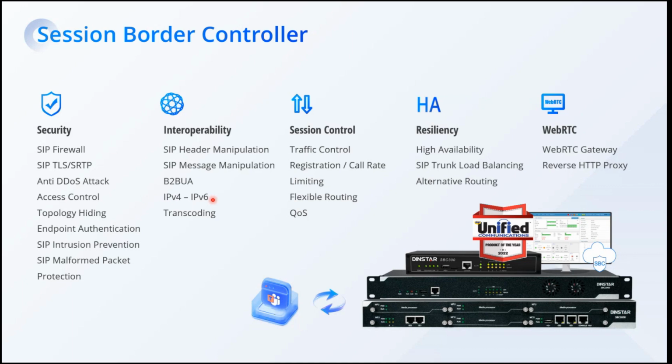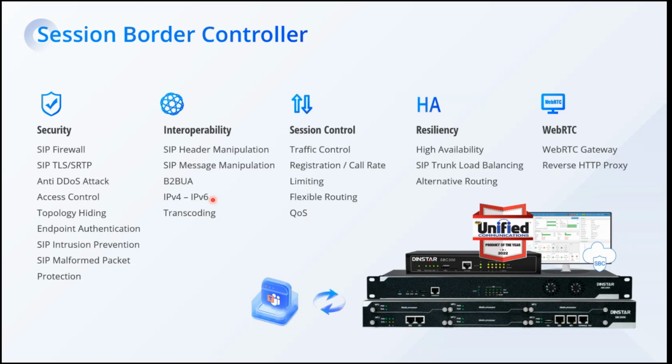Our SBC can work with high availability. Here we can see that sometimes if you implement for a large enterprise, you have to make sure everything works properly. Of course, SBC is a critical component for IP networks. So you have to make sure your SBC has a backup or HA solution, and ensure your internal PBX, call centers, even your Teams phone systems work properly.